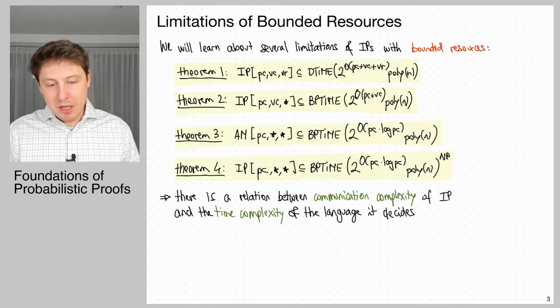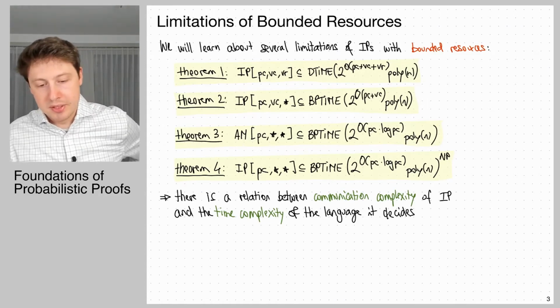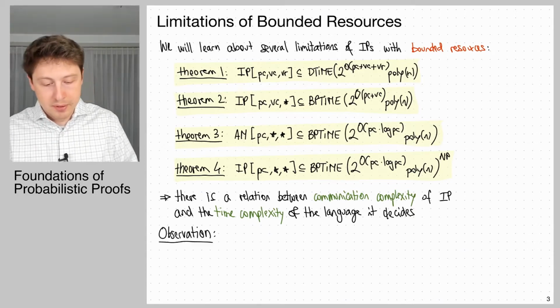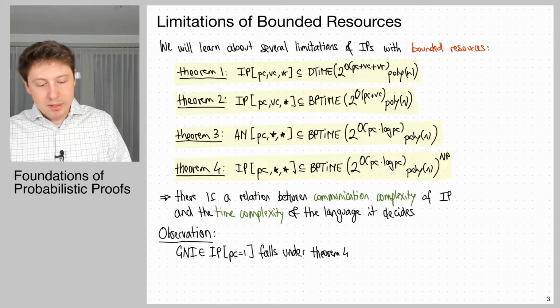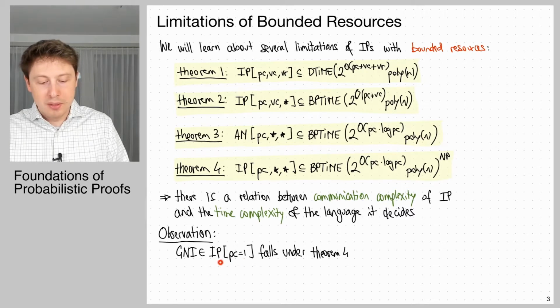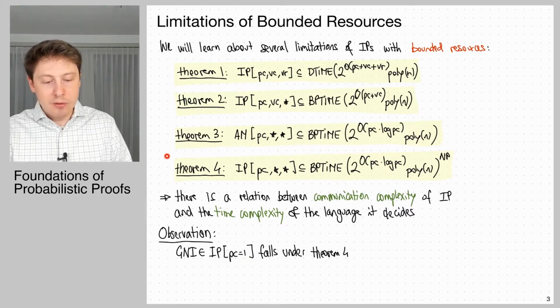Now let's compare some of these statements with things that we know, to at least make sure they're consistent. For example, notice that the fact that graph non-isomorphism does have a 1-bit interactive proof is covered without contradiction by Theorem 4, right?